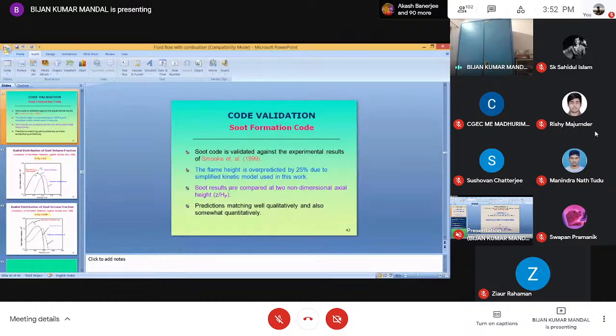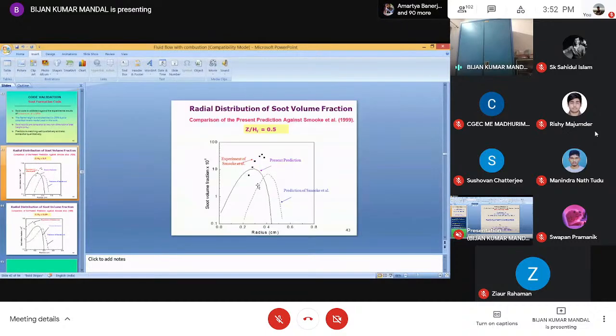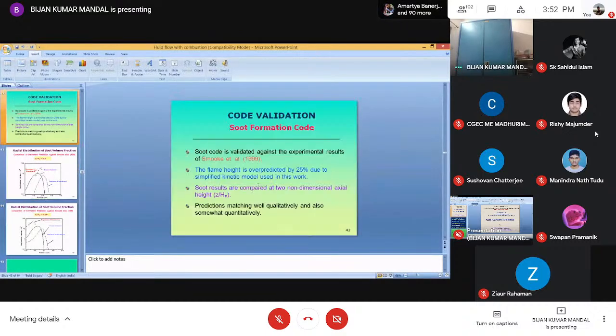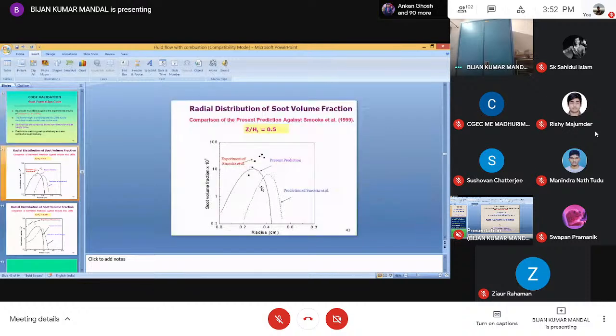Similarly, the soot formation model that we have considered, you can see here. That is also validated with an experimental work of Smoke et al. Smoke is one of the pioneers in soot formation study. Here you can see the present value is this one, this is the experimental value of that fellow, and they have also predicted something.